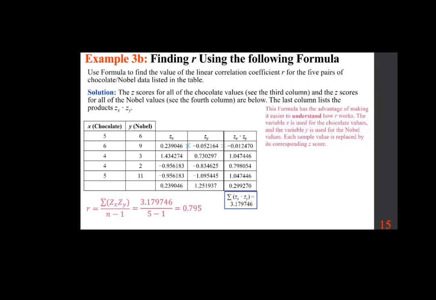Now, how do we calculate z sub x? I want to remind you. You need to look at the x's, and for this data, you have to find x bar. That means you add them up and divide by 6. And you have to find s.